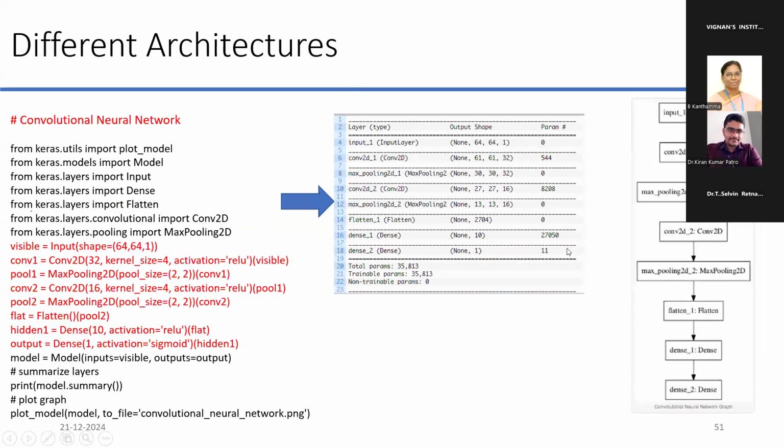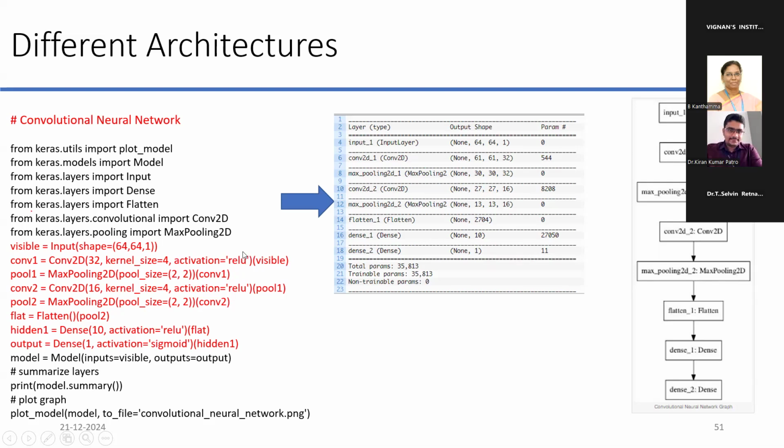The next is the convolutional neural network. First you import different libraries. Here I have taken an input image of 64 by 64. This one represents a black and white image. I already told you, a convolutional neural network is a combination of convolution layers and pooling layers, repeated multiple times: convolution, pooling, then flatten. For each convolution layer, you can specify the activation function also.